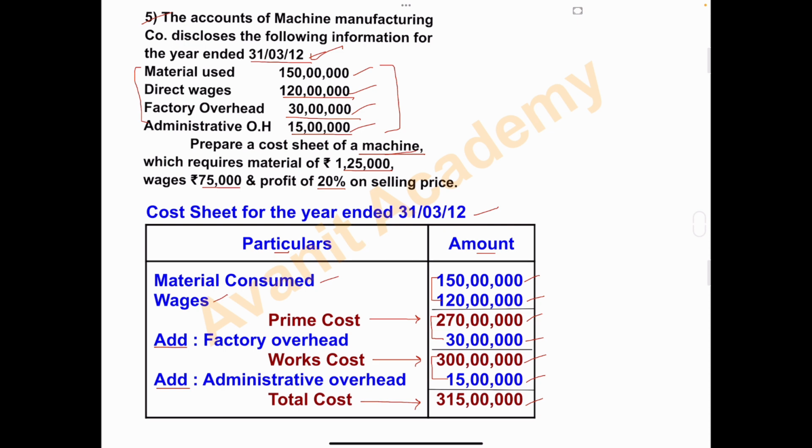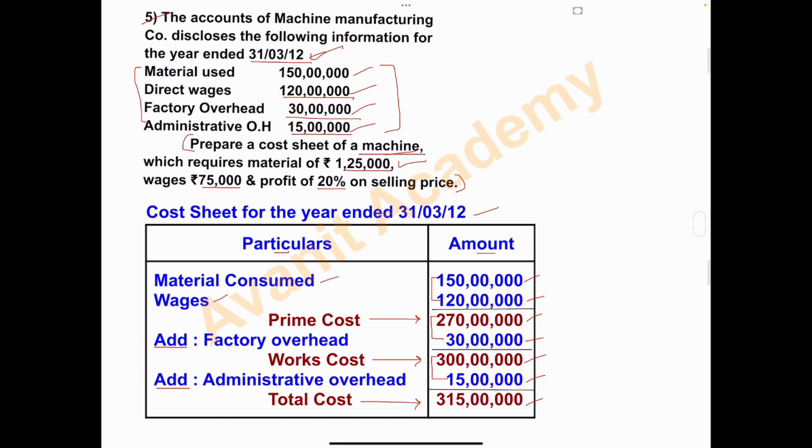Taking this paragraph's information, we have to prepare one more cost sheet, that is the estimated cost sheet of a machine. Okay, the material cost for the machine will be 1,25,000, wages 75,000, and profit of 20% of selling price. Here they have not given information related to factory overhead or administrative overhead.